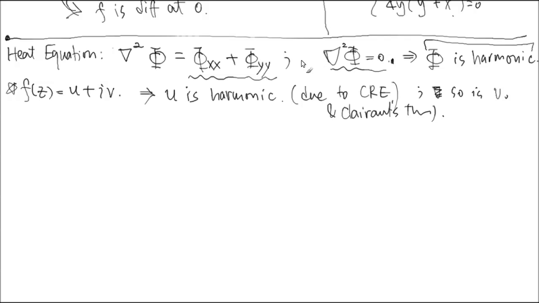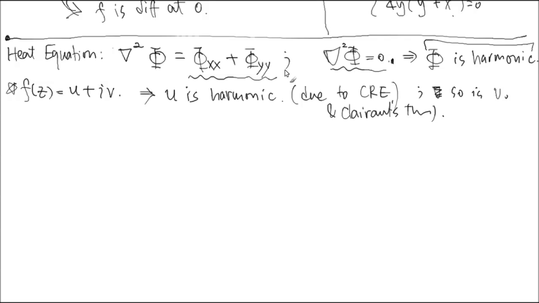It's like a converse. If I have an analytic function, CR is satisfied. Now if CR is satisfied and continuity is there, then we conclude analytic. Here an arbitrary harmonic function is given, and I'm saying it's actually coming from a complex analytic function. So the heat equation is closely tied to the bigger picture, the complex analytic function.